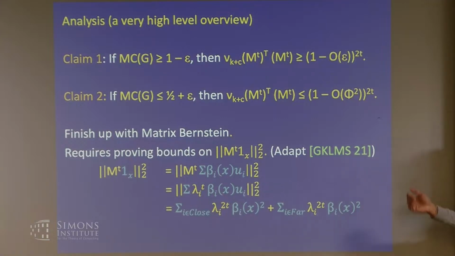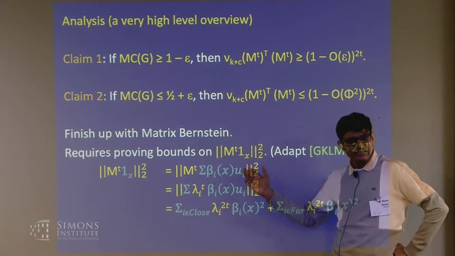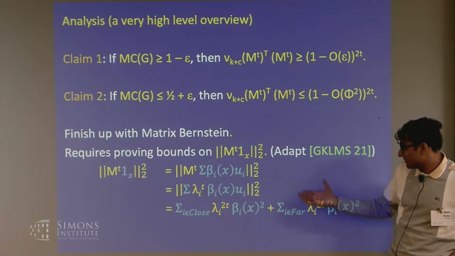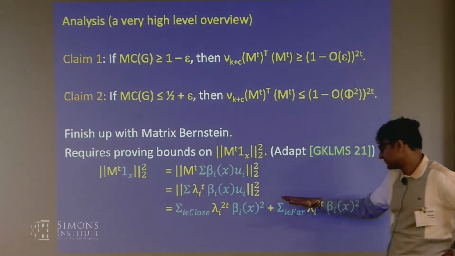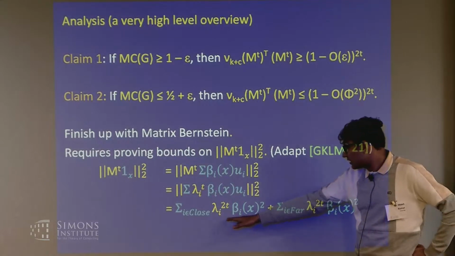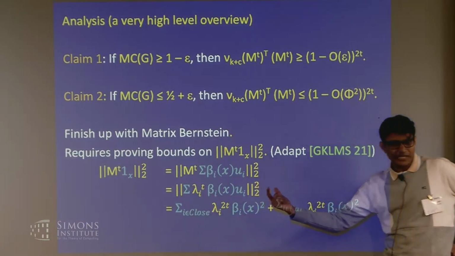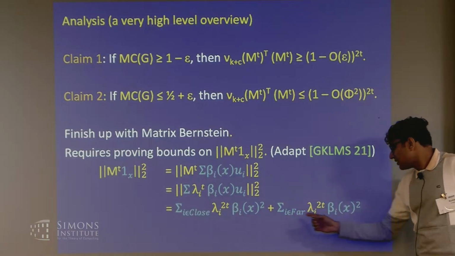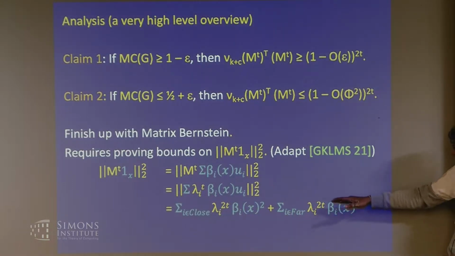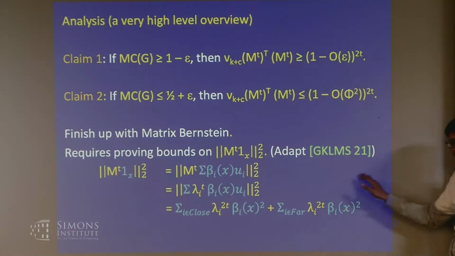And the way you show this is, you write this vector, the indicator for x, in the eigenbasis, and you can split it up into two sums. The first sum refers to those eigenvalues that are close to 1 in absolute value. The other term refers to those eigenvalues which are sitting away from 1 in absolute value, and this term just runs off to 0.